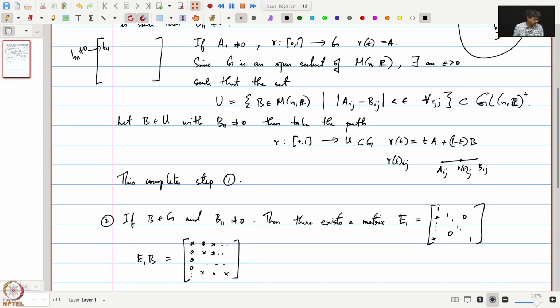The first one is going to be lambda, so let us assume that B11 is lambda.